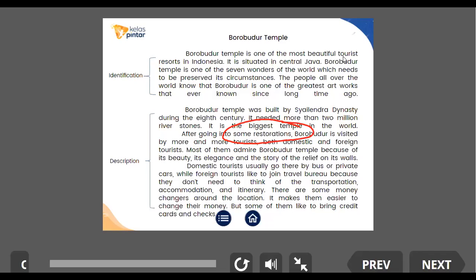Okay, and this is another interesting fact. Ada fakta lain bahwa it is visited by more and more tourists, both domestic and foreign. So it is the fact nowadays, fakta terbaru, the new fact.